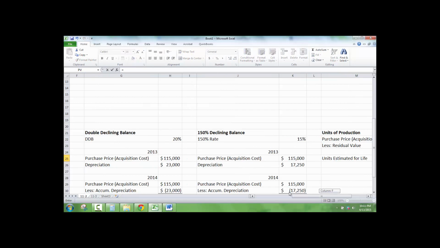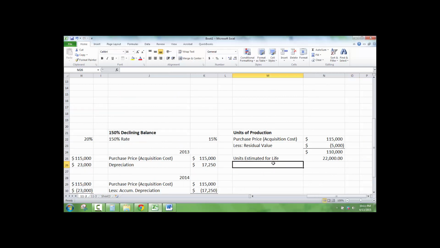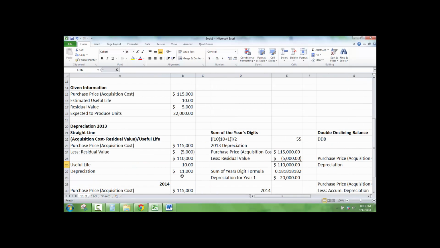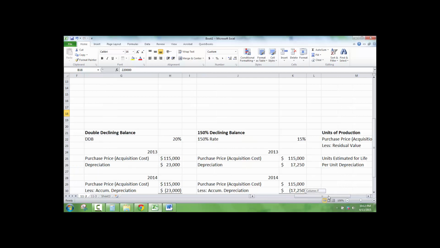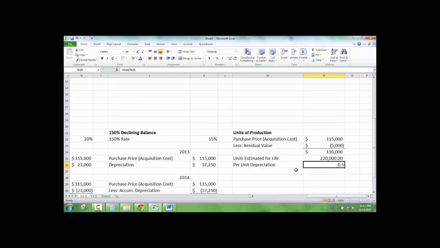Remember, instead of useful life in years, we're using units. So per unit depreciation. To calculate that, we take the 110,000, we divide by, and actually this is 220,000 units. Cycle earlier. But if I fix that, we should have 50 cents per unit. Now we are going to calculate 2013.